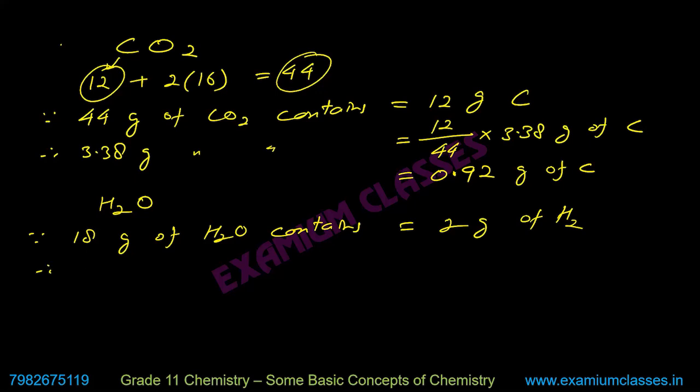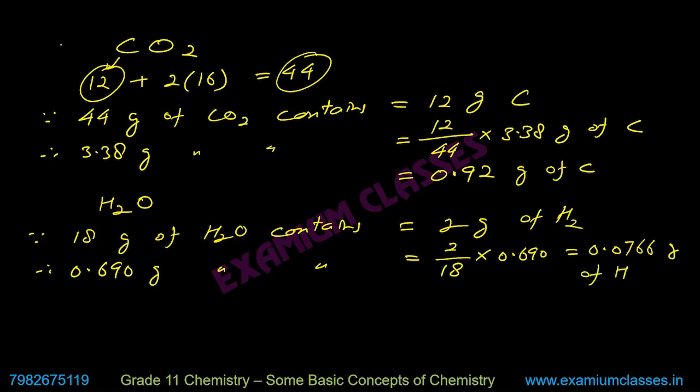Hence, the given 0.690 grams of water would have contained 2 by 18 into 0.690, and when you solve this, you will get 0.0766 grams of hydrogen.